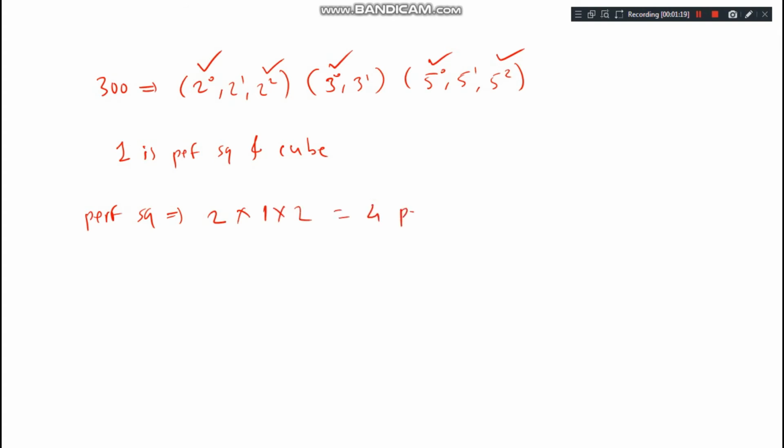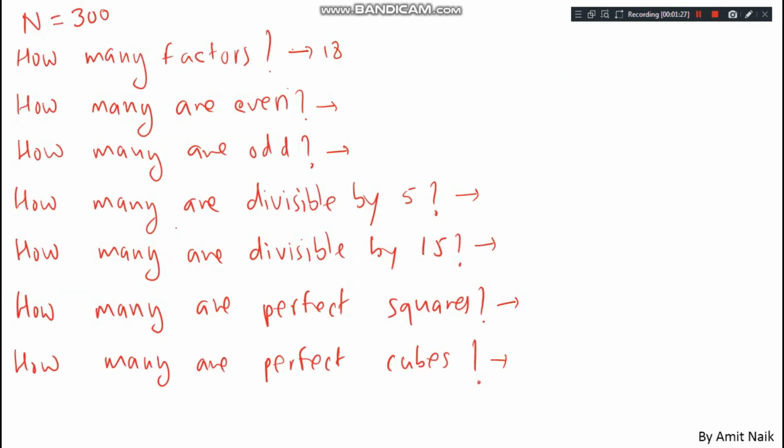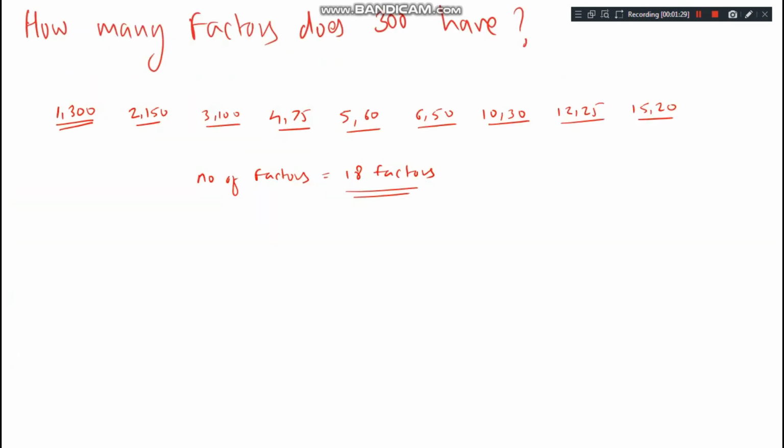So this number 300 has 4 perfect square factors. Okay, if we go back quickly to the first slide, you'll realize that there were 4 perfect squares. Let us check it one by one. This is 1, then this is 2nd, and 25 is third, and 100 is fourth. So there were 4 perfect squares.